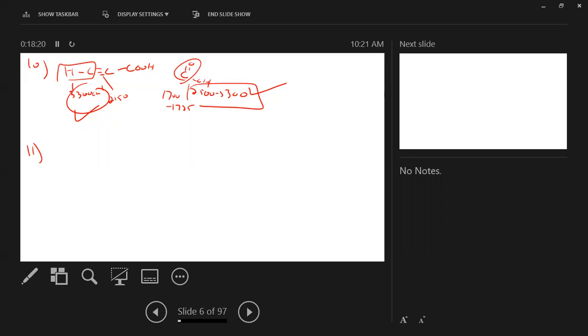Given the IR data, which functional groups can be eliminated? We kind of already talked about this, about the carboxyl group. So we're going to be able to eliminate that because we don't see anything in that area.